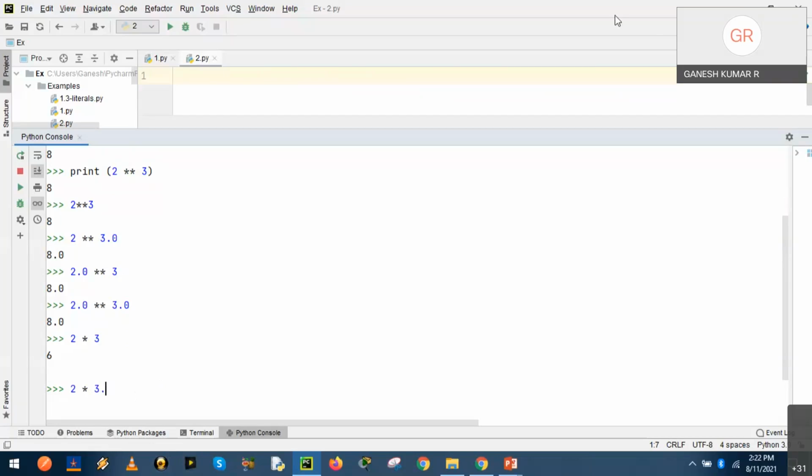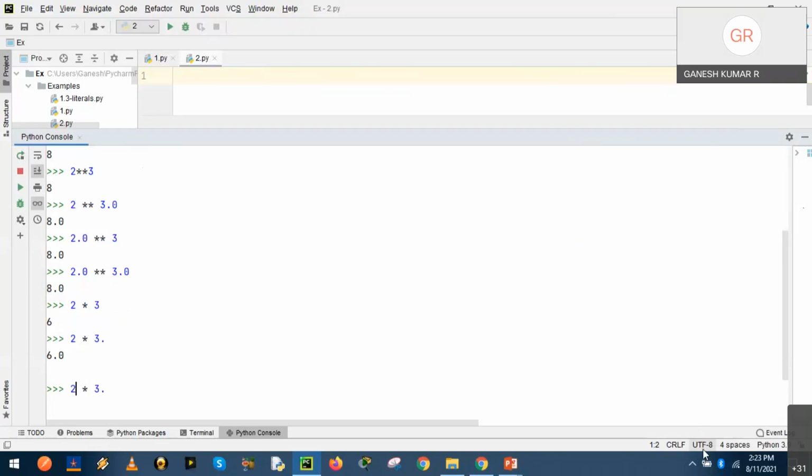Yes, I have got a few answers. So 3 dot or 3.0 represents the same. If there is a dot, it means it's a floating point value, or float value. The result is 6.0, right?